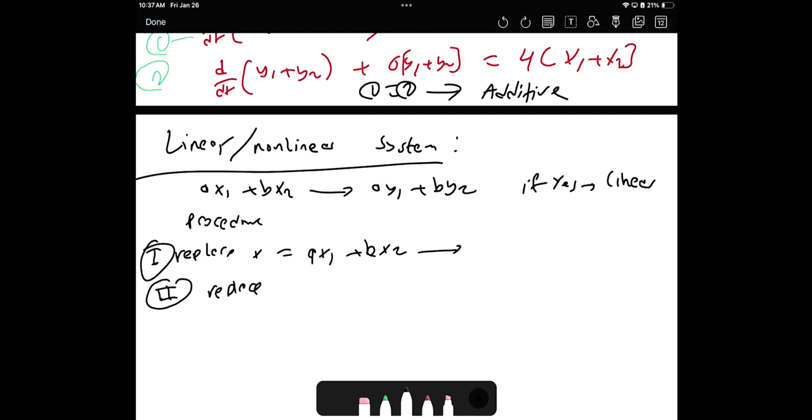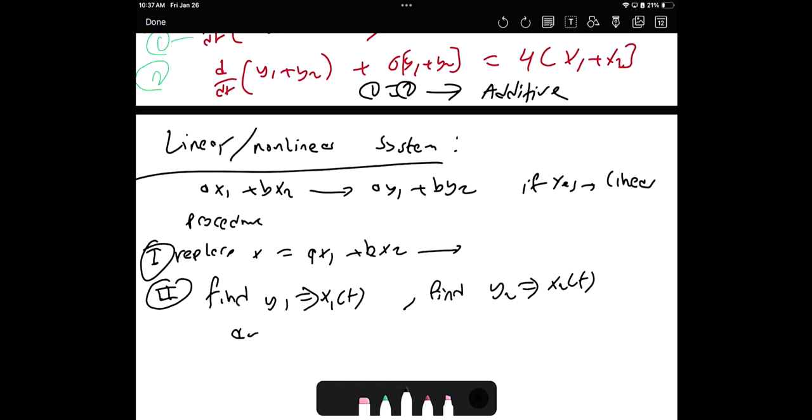replace or find y1 equal to the response to x1 of t. Then find y2, the response to x2 of t.